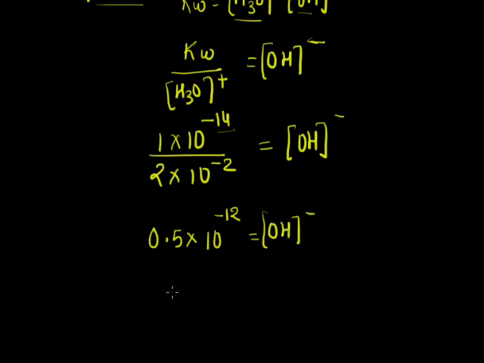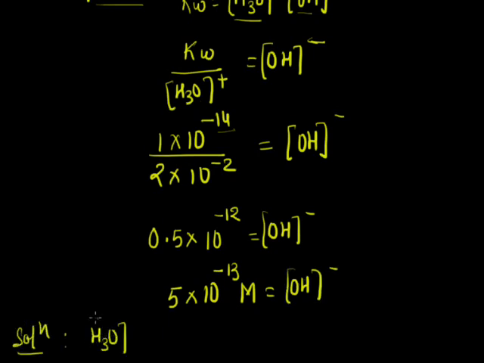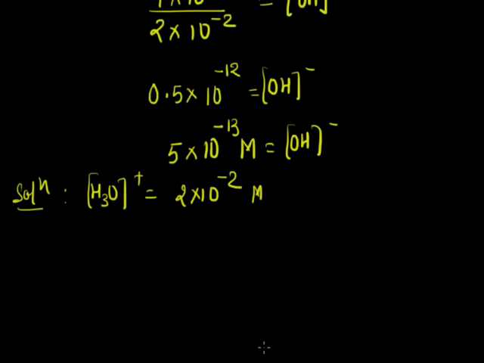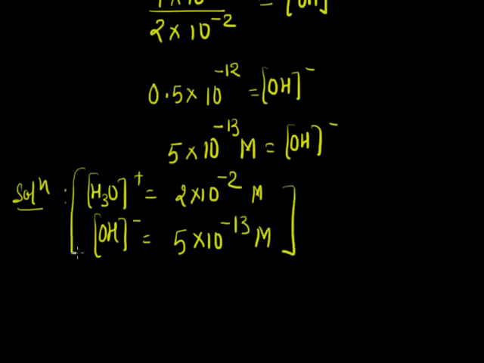Or we can say that 5 into 10 to the power minus 13 M is the concentration of OH minus ion. So the final solution is: the concentration of H3O plus ion is 2 into 10 to the power minus 2 M, and the concentration of OH minus ion is 5 into 10 to the power minus 13 M. This is the solution for this.